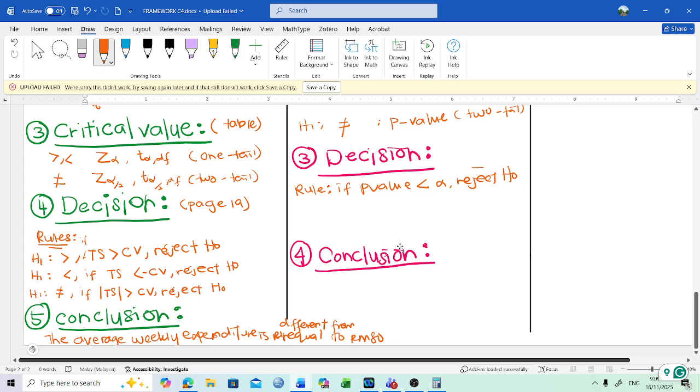The last one is the conclusion. Same as the previous one I mentioned, it depends on your decision. If it is reject the null hypothesis, then your conclusion will be unequal, or less than, or greater than, depending on your alternative hypothesis.